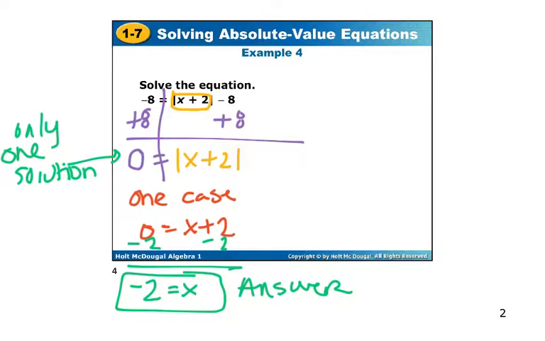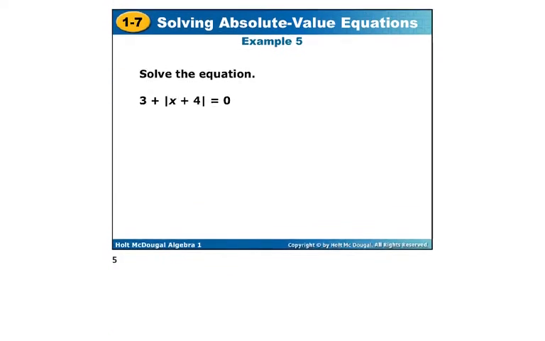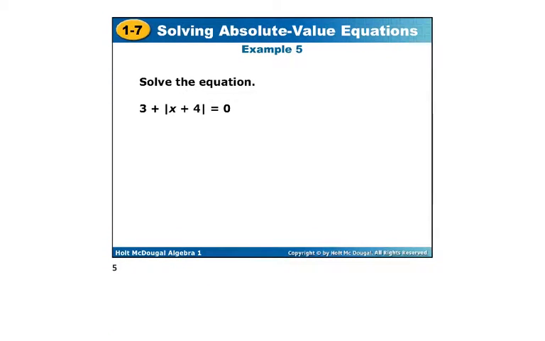Alright. Our last example here is going to be the one I assume that has none. So this is where it's going to get a little tricky, because depending on how much you're paying attention to the problem, you might actually just continue through without seeing what happened. So here's our absolute value. We're going to isolate it. So that 3, that's a positive 3, needs to be moved over.